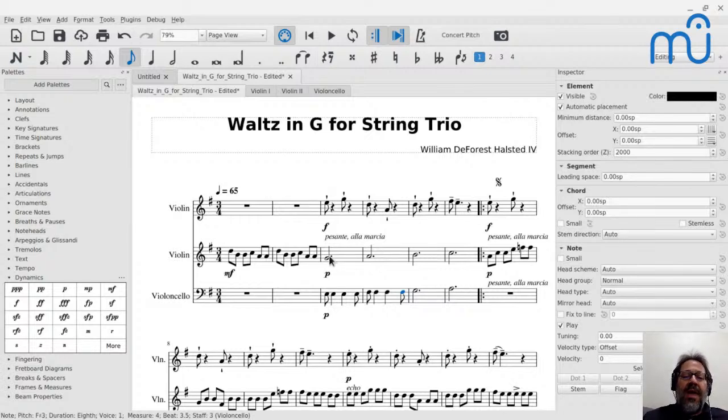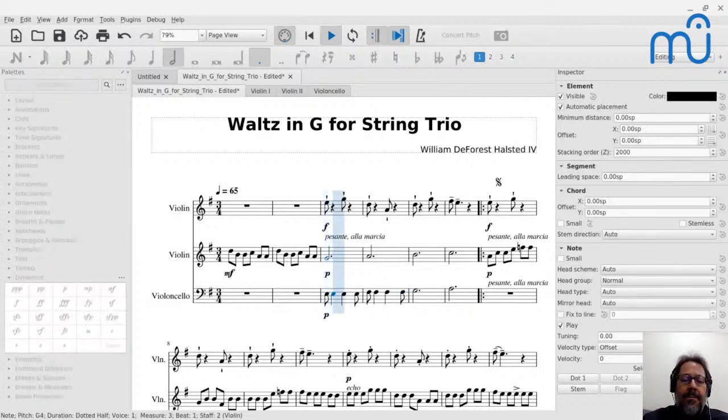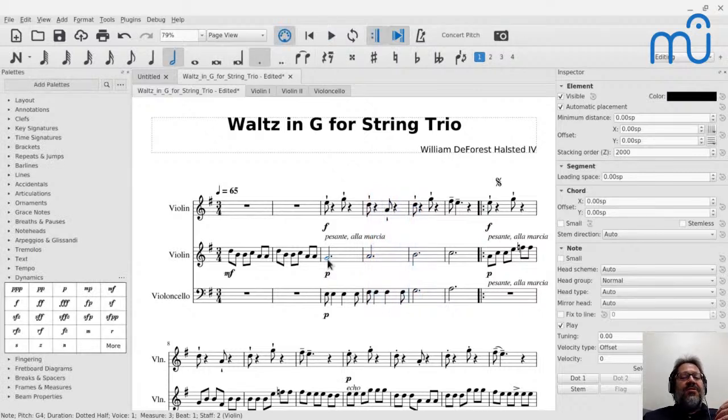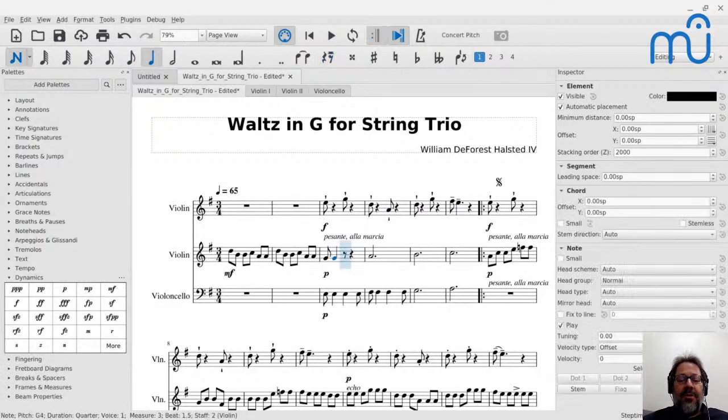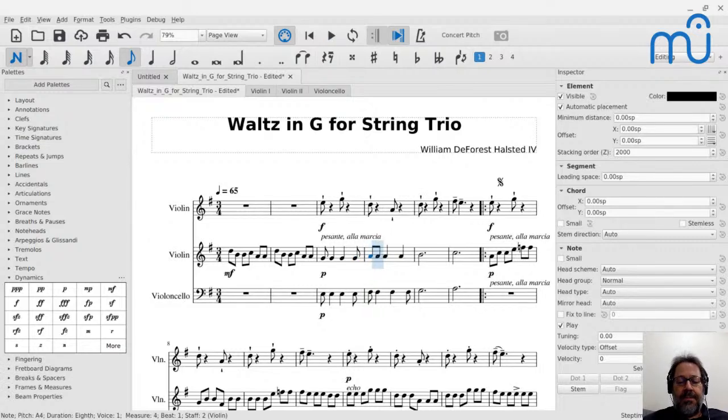So I could do that, right? So it's still conceptually just those footballs, but I'm at least creating some sense of rhythmic interest with what I'm doing.